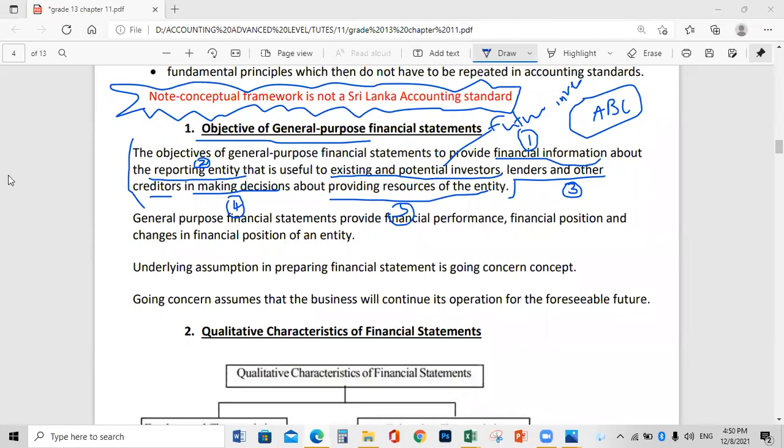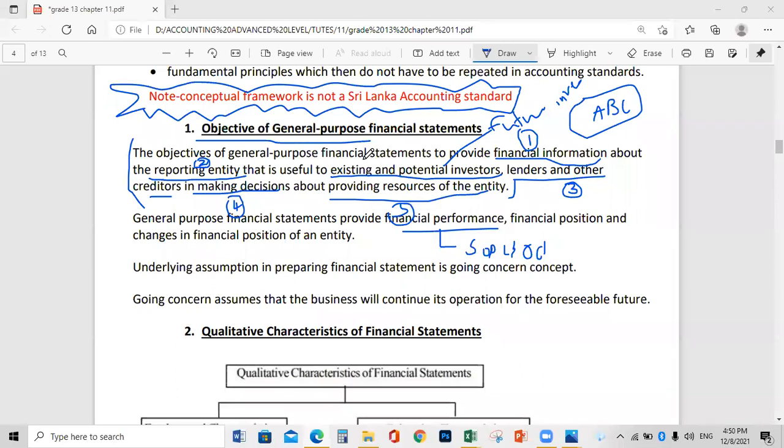Okay, so guys, see, general purpose financial statements provide information about the financial performance. What is that? The statement of profit or loss and other comprehensive income. Performance means the results, whether the business has earned a profit or incurred a loss.